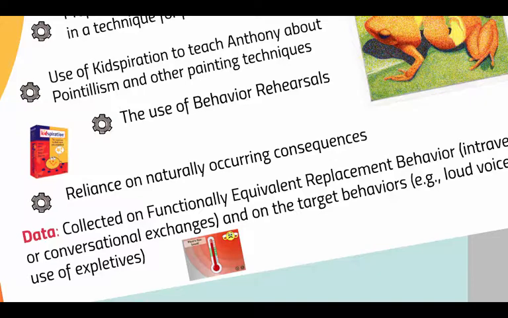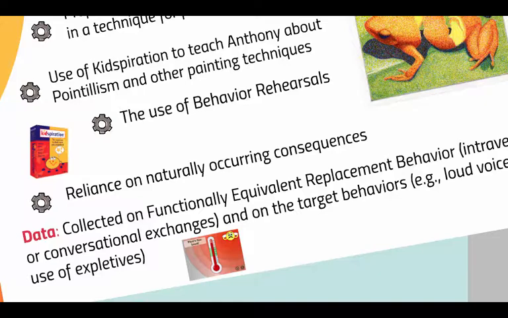And sure enough, the next time that Anthony saw Gracie, and this was with her permission, he engaged with her in a conversation about the very art form that she found very interesting, and that was pointillism. From there, we just relied on the naturally occurring consequences. We didn't have to arrange any kind of reinforcer because it was automatic.